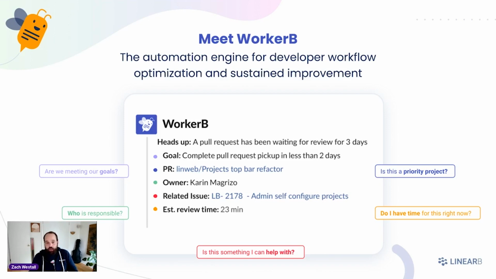So it answers all of these key questions. Is this a priority? Do I have time for this? Is this something that I can help with? Do I know about what's going on here? Who is responsible for this PR? And hey, are we as a team meeting our goals? It answers all of those questions for you. And again, keeps everyone on the same page, keeps the work moving.